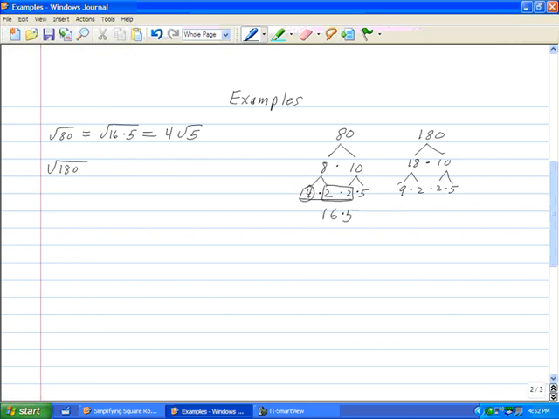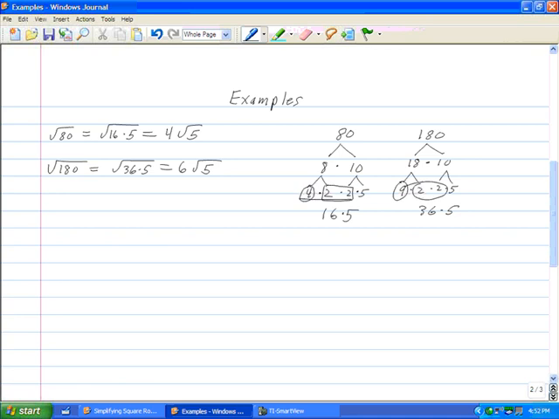So again we see here's one perfect square, there's another. Multiply out 9 times 2, which is 18, times 2, which is a 36. So 36 times 5 is the way you will break that down. Square root of 36 is 6, that comes out. Square root of 5 you can't do, so it stays in.